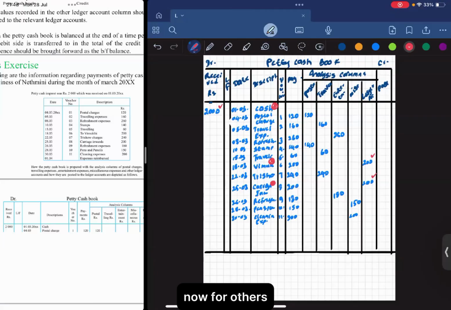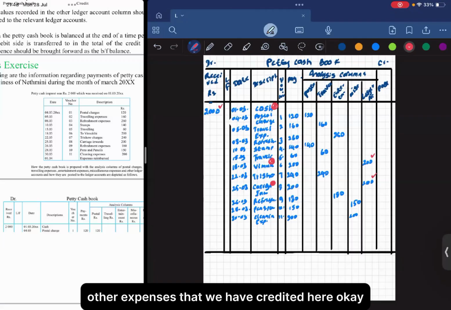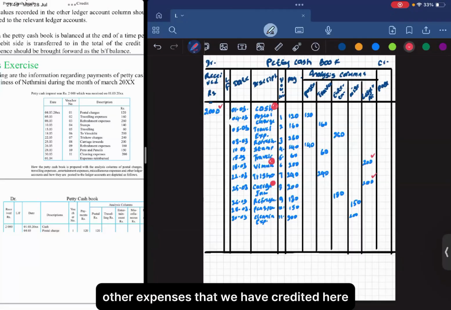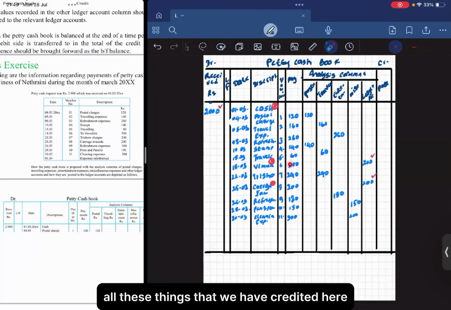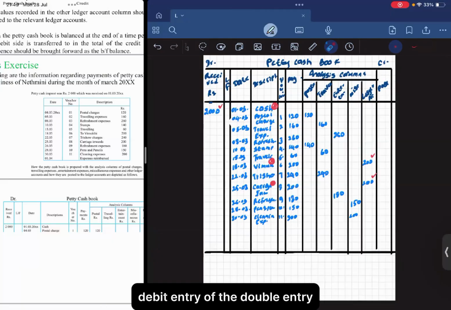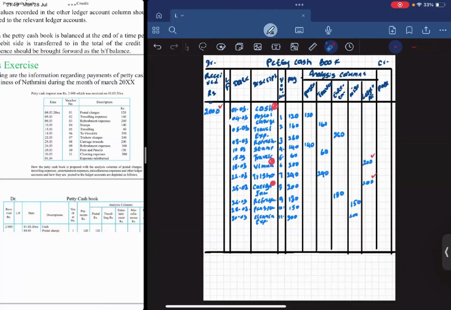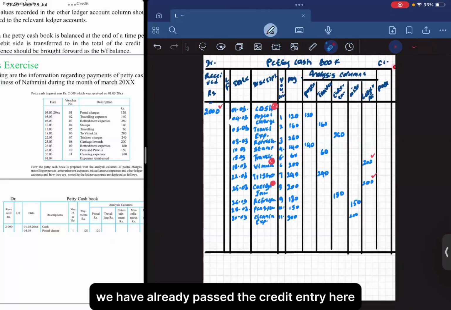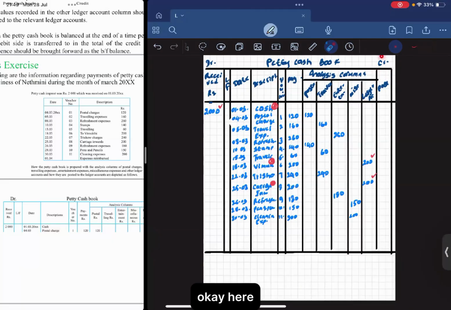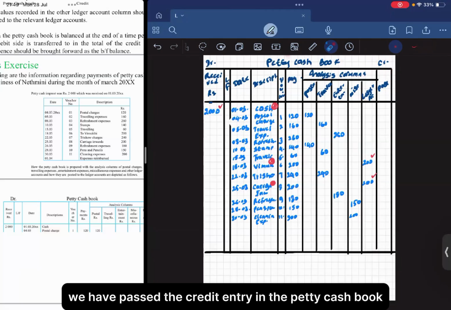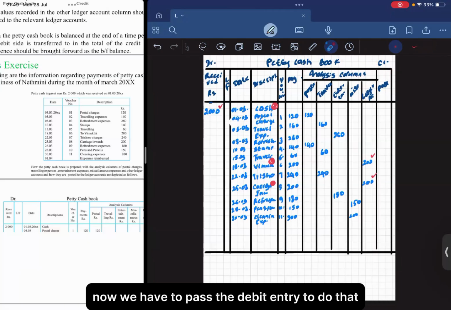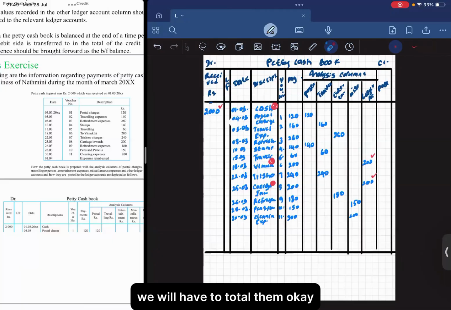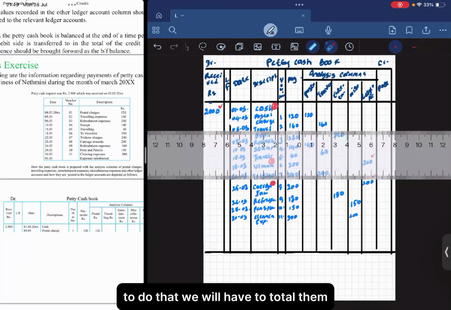Now for the other expenses that we have credited here, we will have to pass the debit entry of the double entry. We have already passed the credit entry here in the petty cash book. Now we have to pass the debit entry. To do that we will have to total them.